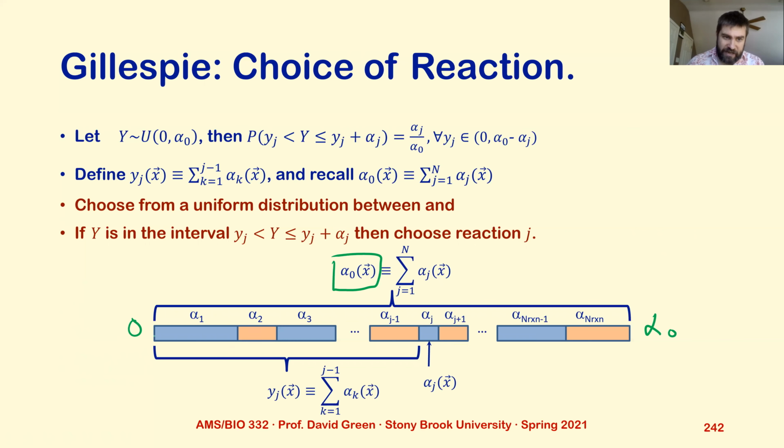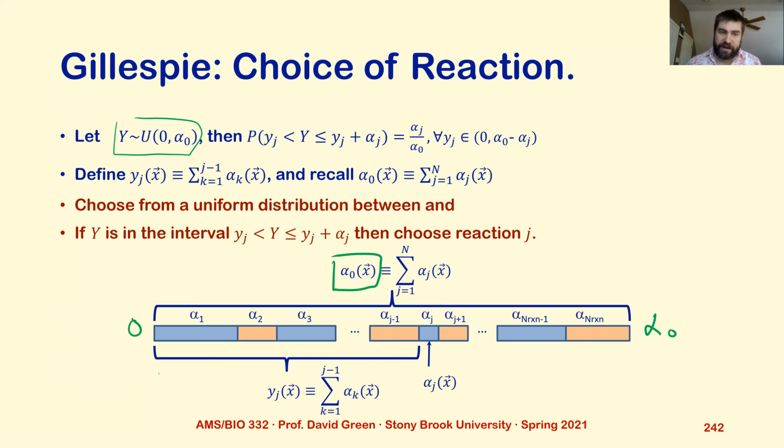And each individual subinterval here is a particular reaction rate for the first reaction, the second reaction, and so on. Then what we're going to be doing is generating a number from our uniform distribution from 0 to alpha naught.